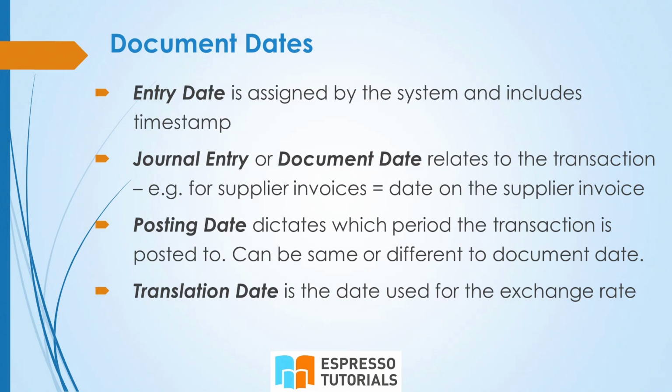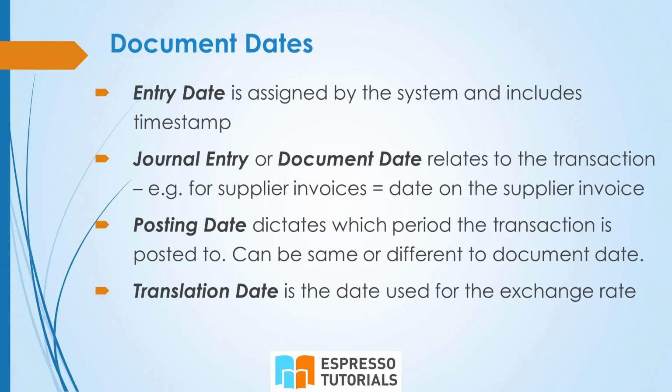Each document will have several different dates stored within it. The system will automatically assign an entry date and time which cannot be changed. Posting date, as the name implies, is usually the date that you enter the transaction. However, as it also dictates which period the transaction is reported in, it can be changed to match an earlier or later period.